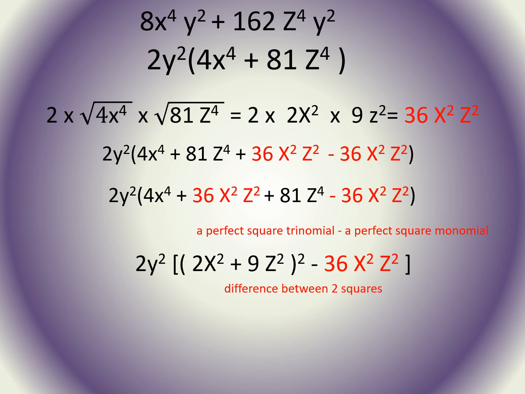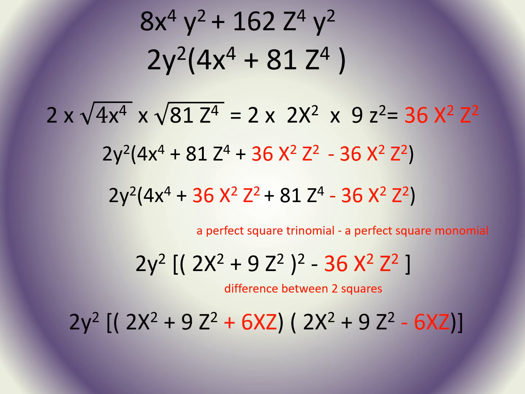Then we will factorize it. We will factorize it now as 2y power 2, the highest common factor, and 2x power 2 plus 9z power 2 plus 6xz, and the second bracket 2x power 2 plus 9z power 2 minus 6xz.